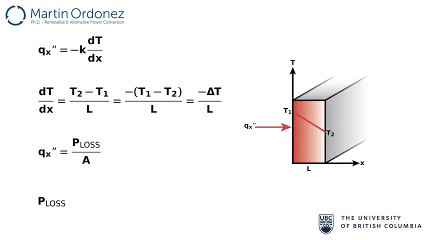Therefore, we can find a relationship between the heat flux through conduction as power loss: P_loss is equal to k times A over L times delta T. Or we can rewrite it as P_loss is equal to delta T over (L over k times A), where delta T is the temperature difference between two points, L is the distance between these points, k is the thermal conductivity, and A is the unit of area.